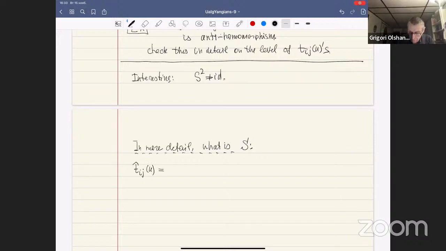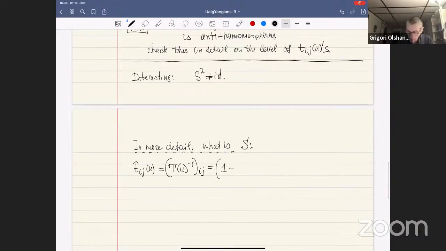So write again: we take the inverse and take the matrix entries. And how to understand this? One can write it in more detail as follows.